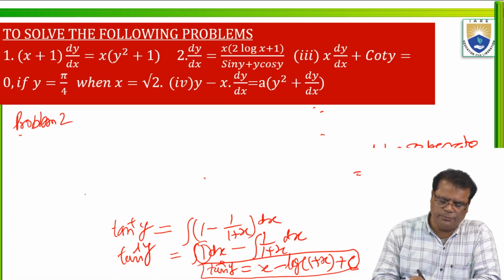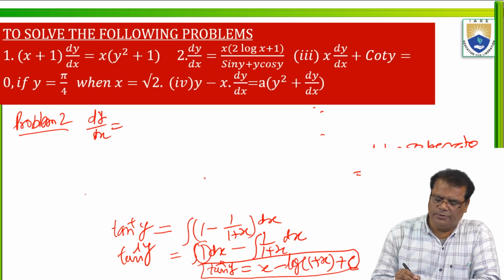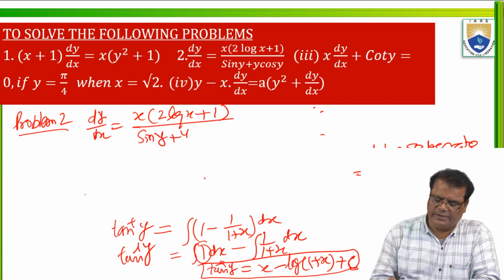Problem 2. This problem is dy/dx equals x(2 log x + 1) upon (sin y + y cos y).